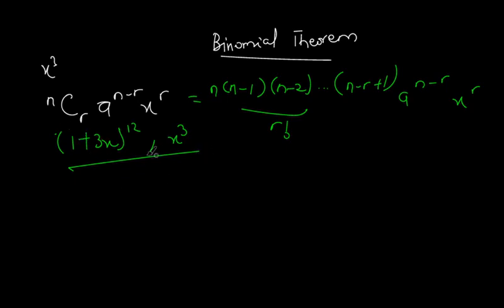So now, how do we solve this problem? Let's jot some terms down. Comparing this to (a plus x) raised to the power n, n is the power, which is 12, and a is 1.